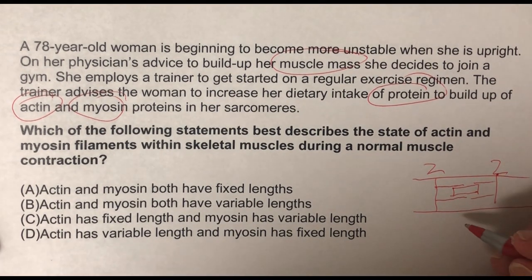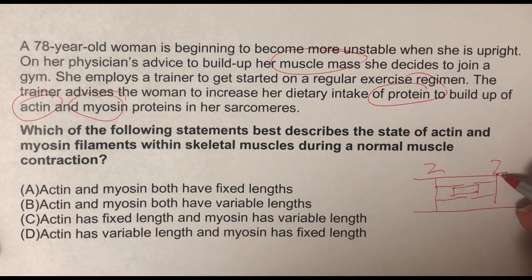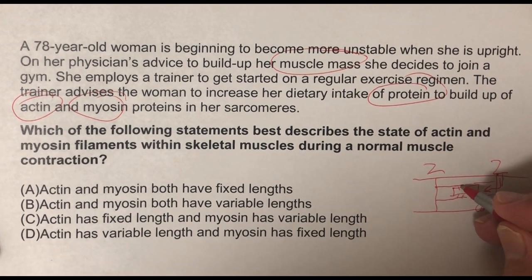And when calcium enters, remember calcium enters through T tubules associated with these Z lines, so calcium enters. That's our calcium. The arrow is indicating calcium has come in. Now we'll get cross bridges between the actin and myosin filaments.